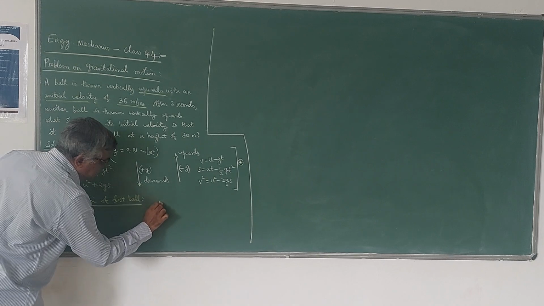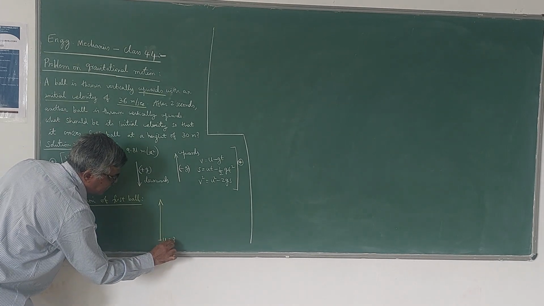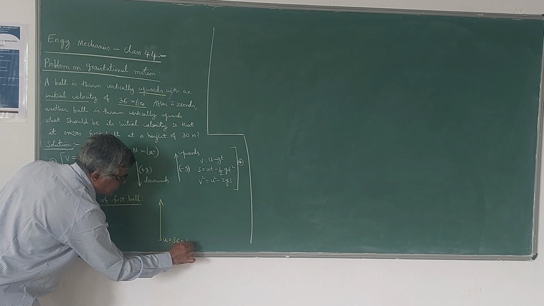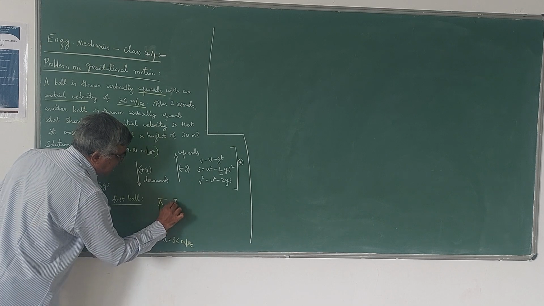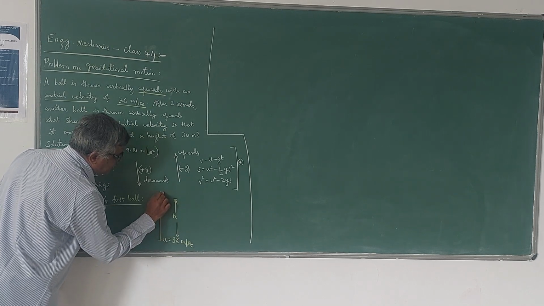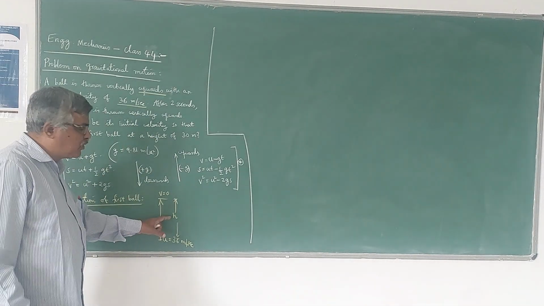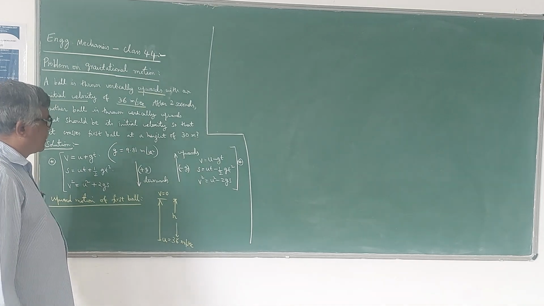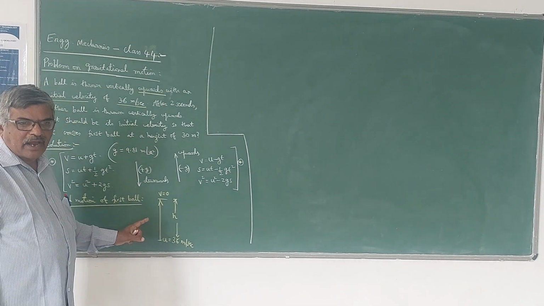So it is like this. It is thrown upwards, and the initial velocity u here is 36 meters per second. After reaching a certain height, let that height be h, it comes to rest. That means your final velocity will be 0. Now we don't know the value of h here, so we have to calculate two things.